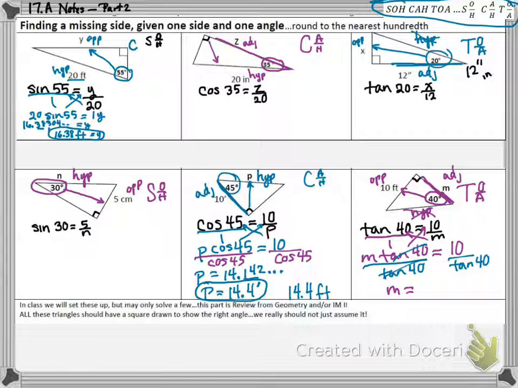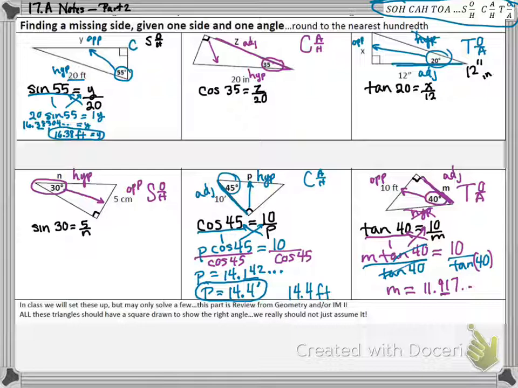tangent 40. And again, depending on your calculator, it is possible that you might need to throw some parentheses around there. And I end up with 11.917. In this case, I'm looking for 2 places past the decimal, and that 7 is a little bit larger than 5.